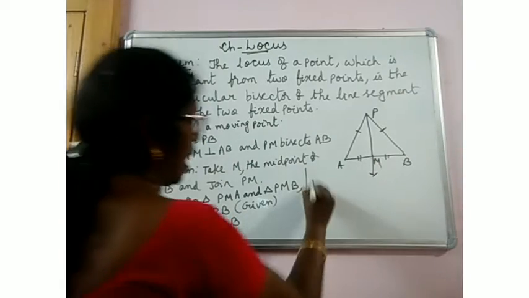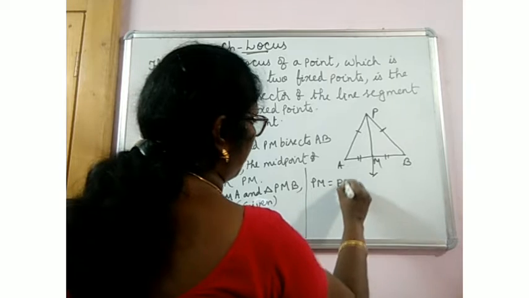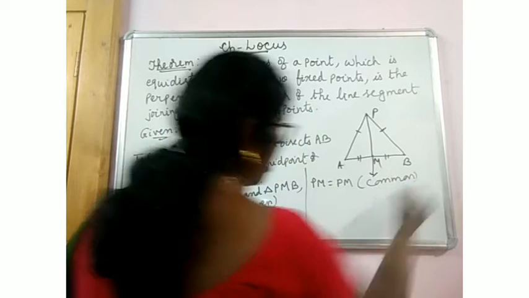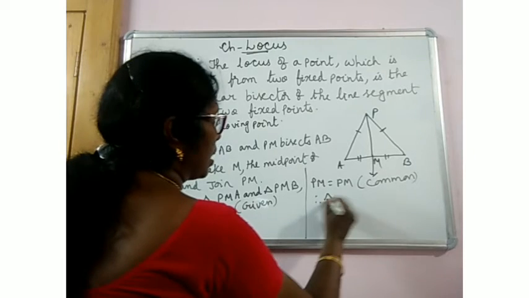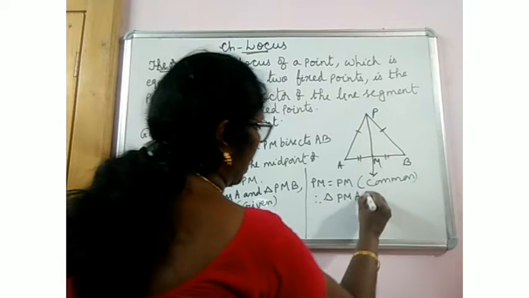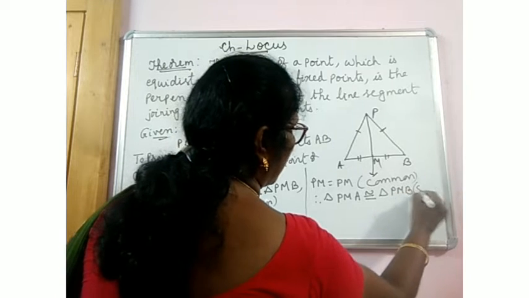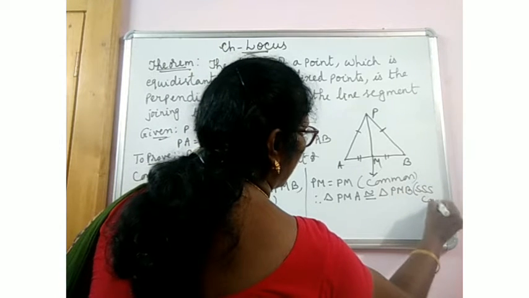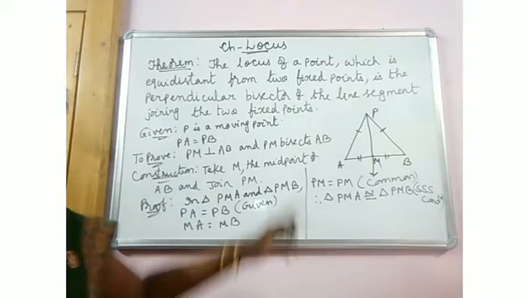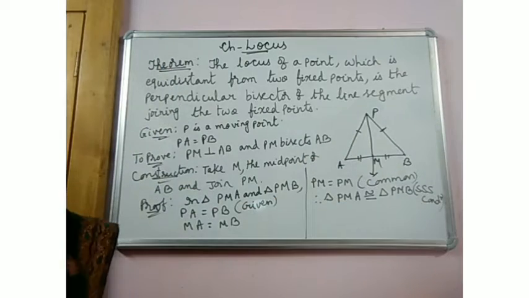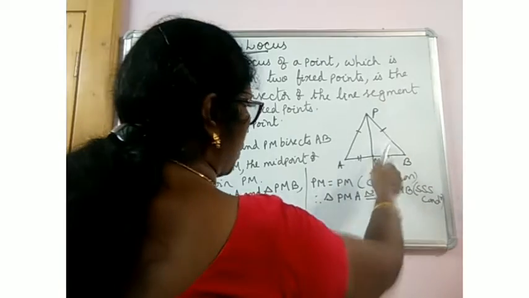And PM is equal to PM, the common side for both triangles. Therefore, triangle PMA is congruent to triangle PMB under the SSS condition. Three sides of this triangle are equal to three sides of that triangle, so these two triangles are congruent.